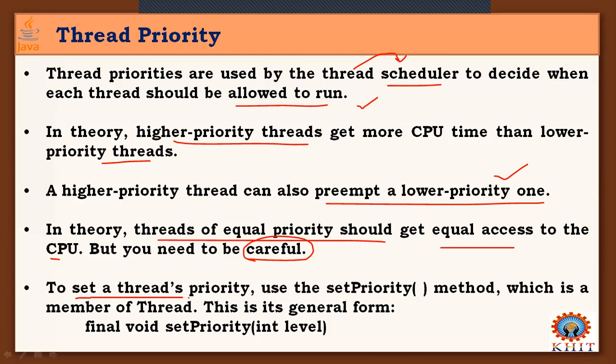To set a thread's priority, we use a method called setPriority, which is a member of Thread also. This is the general form, and this method name is setPriority, the type of the method is void, and it is a final method. It expects an integer value, how much priority level you are going to set for the given thread. Okay.